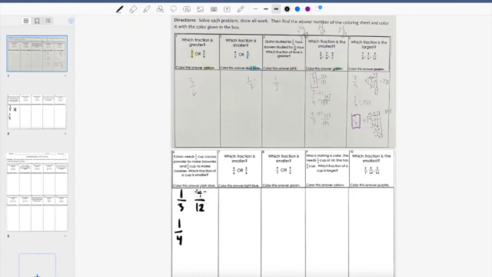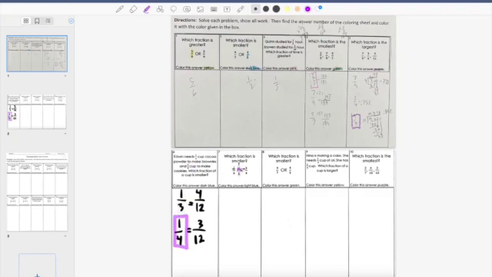So 1 times 4 is 4, and 1 times 3 is 3. So my equivalent fractions are these. Which fraction of a cup is smaller? Well, clearly, this is smaller. Okay? Hopefully, you got that one correct.